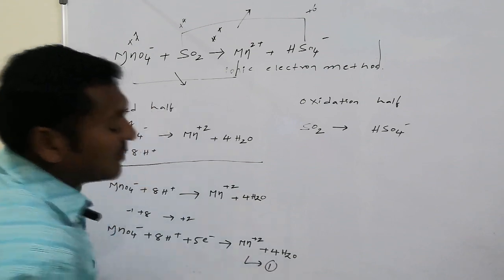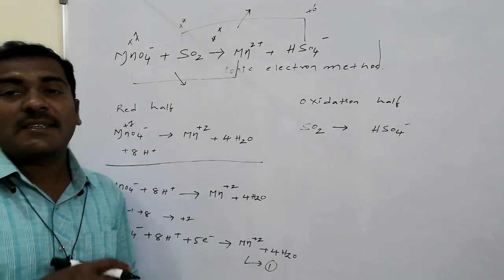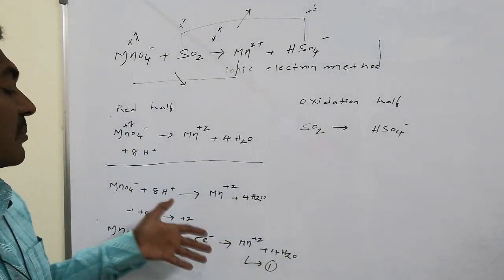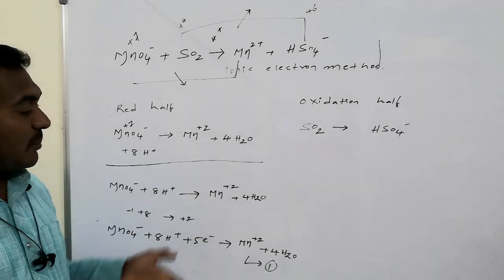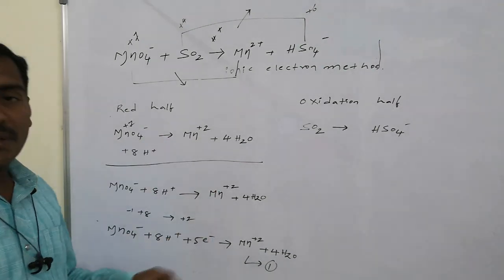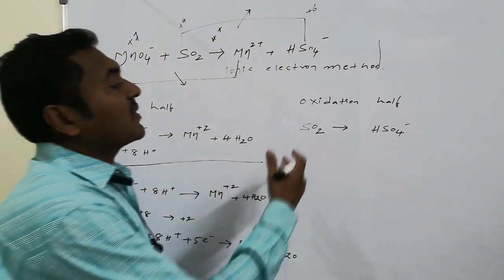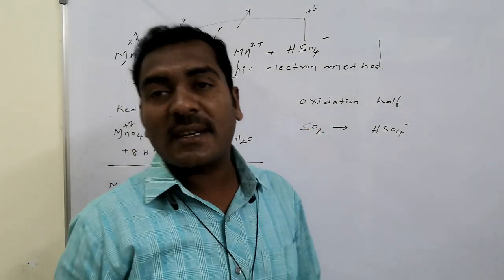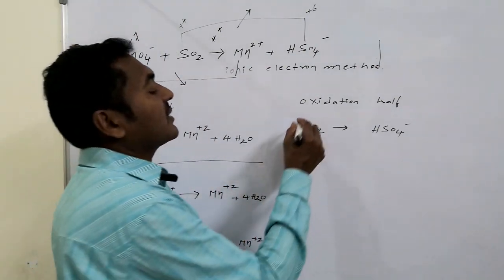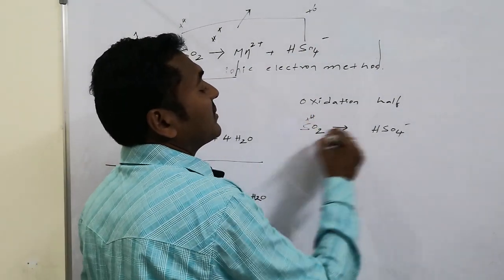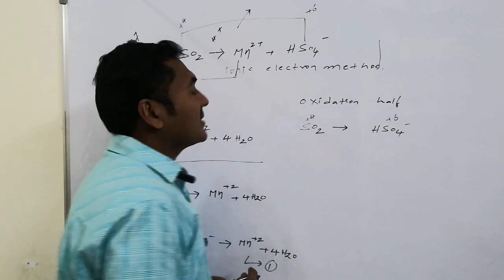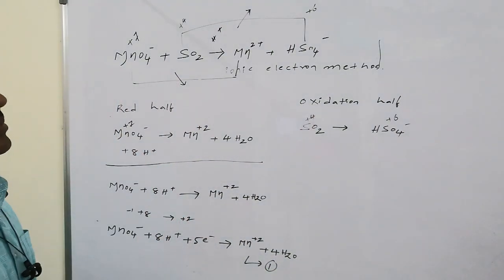This is the complete balanced equation of the reduction half. It appears balanced not only in terms of number of atoms but also in terms of what? Charge. Now if I go for the second half, that is the oxidation half, here our sulfur +4 is converted to +6. This is oxidation, and the reduction half was completed.